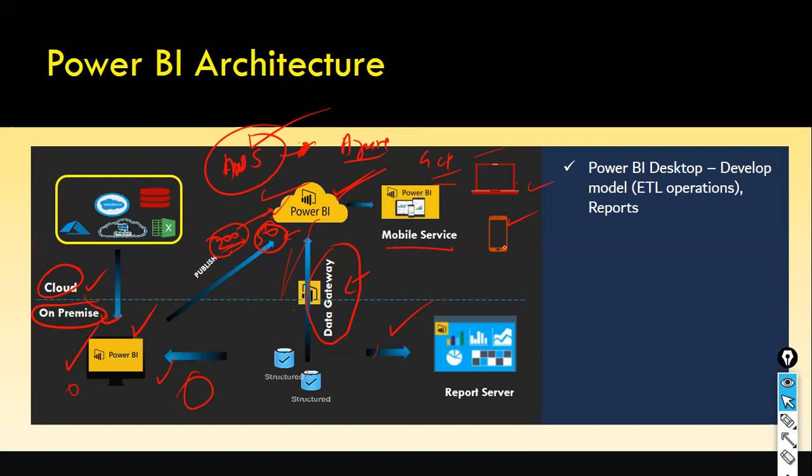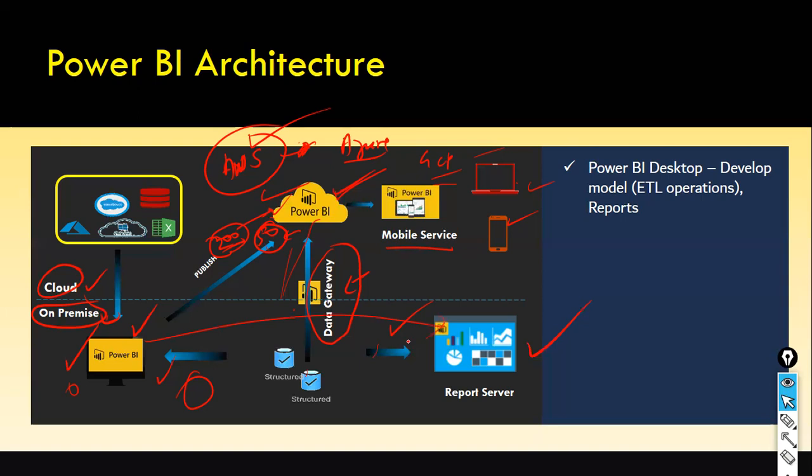Okay, apart from this, what else? What other components do we have? We have something called the report server. Is it always necessary to publish reports on the cloud? It is up to you. Some reports I don't want to publish on the cloud. I want to publish them directly on my report server, because these reports are very secure.